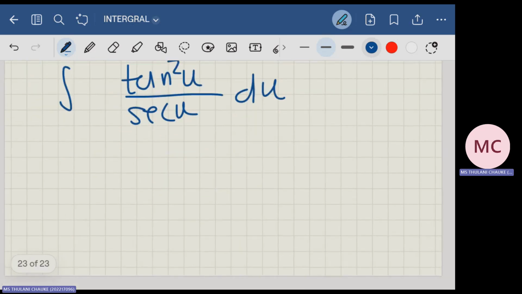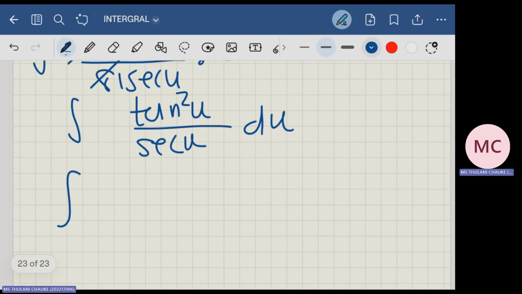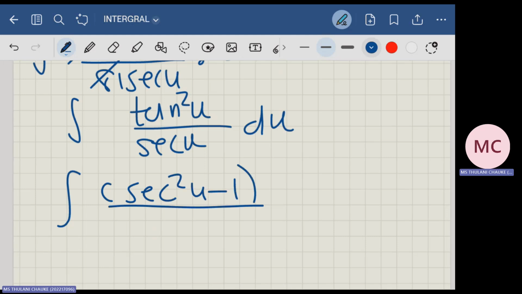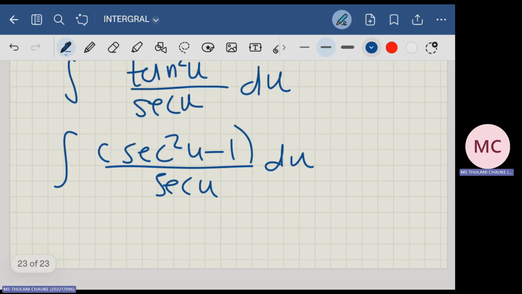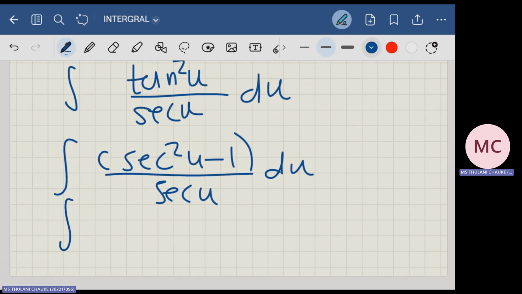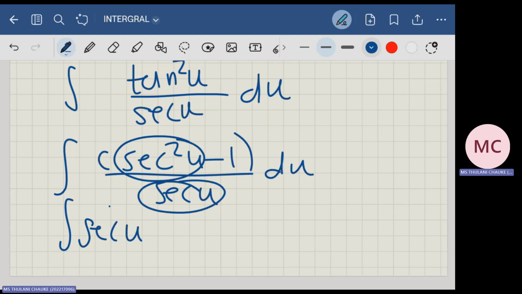From here we can change tan squared u to its identity, which is sec squared u minus 1, over sec u du. Then you just divide these two together, and you'll have sec u minus 1 over sec u du.